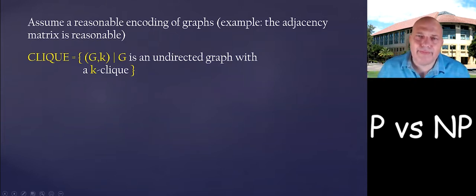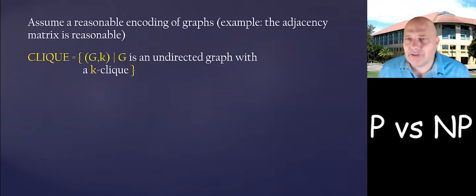So for any kind of reasonable encoding of a graph, we can define CLIQUE, which is the language of pairs G, which is a graph, and K, which is an integer, such that G is an undirected graph with a K-clique.